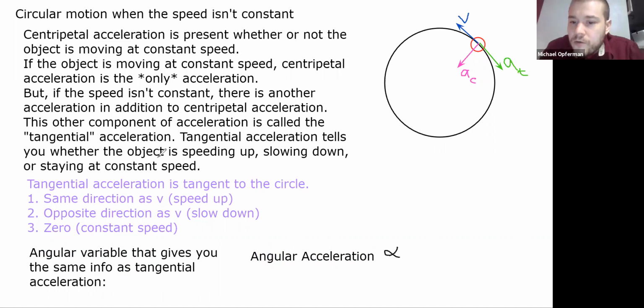So the angular acceleration has the same idea, where if the angular acceleration is in the same direction as the angular velocity, that's a speed up. If it's 0, that's constant angular velocity. And if it's in the opposite direction from angular velocity, that would be a slow down. So you can describe how the speed of the object is changing either by giving the tangential acceleration or by giving the angular acceleration.